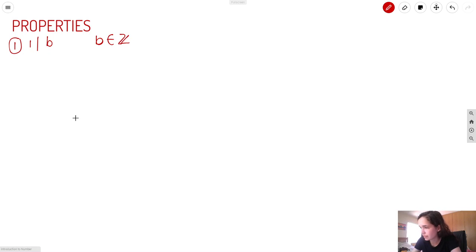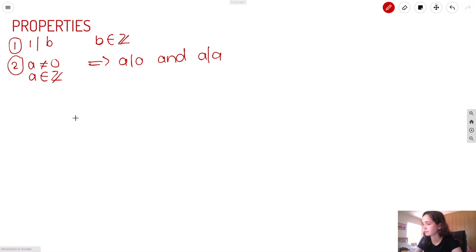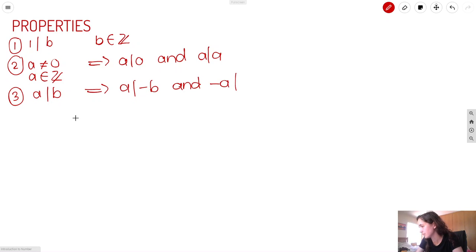So 1 is going to divide every integer. Secondly, if A is not equal to 0, where A is also an integer, then that implies that A will divide 0 and A will divide itself. Some of these may seem pretty obvious, but it's still important to know it formally. If A divides B, then A will also divide minus B, and minus A will divide B.